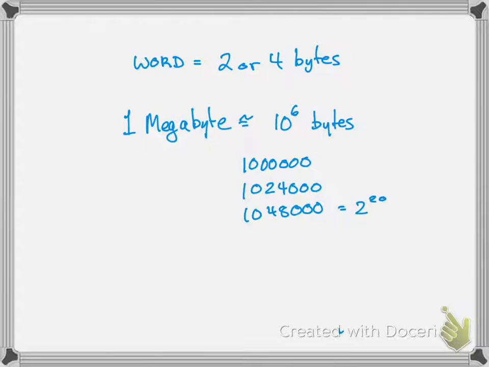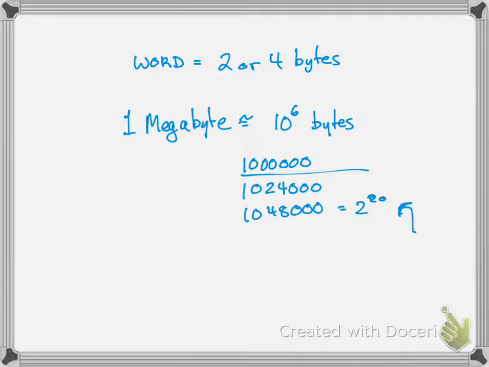It was originally 2 to the 20th bytes, but it is now defined as a million bytes. So it depends who you ask. In the International System of Units, I believe the megabyte is now defined as a million bytes, but originally, because we're talking binary, it was 2 to the 20th. Even that's not exact. 2 to the 20th is not exactly 1,048,000. But anyway, a megabyte is about 10 to the 6 bytes.